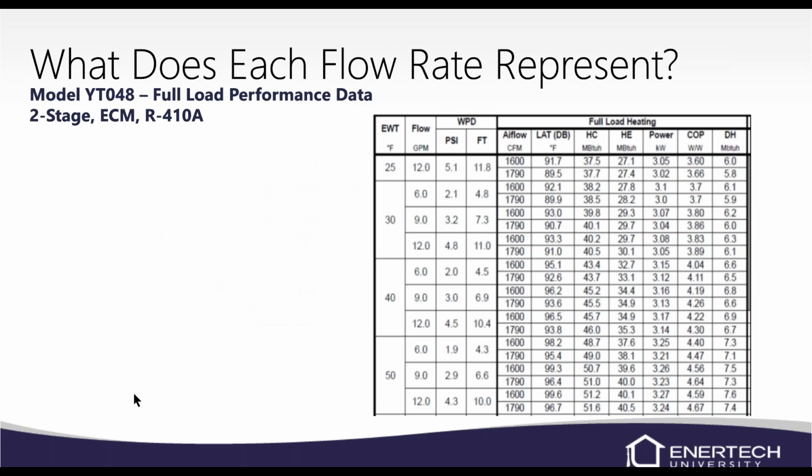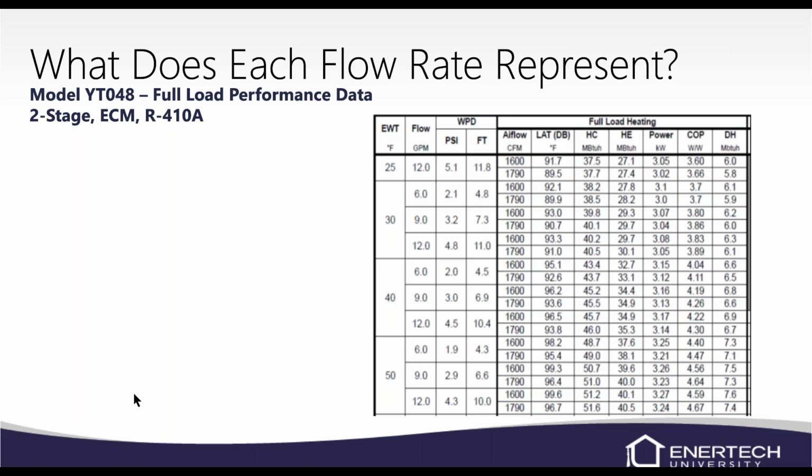You'll also, when we look at our IOM, we do have a 30 degree, 40 degree, 50 degree. Again, we have those 3 flow rates listed. Now, we don't want you to say, well, I do have 2.1 pound pressure drop at 30 degrees, so that's 6 GPM.